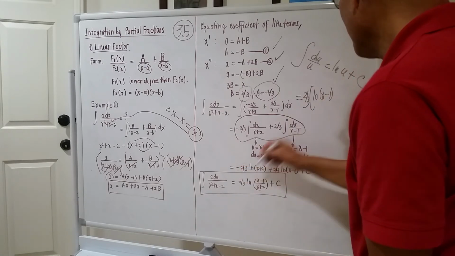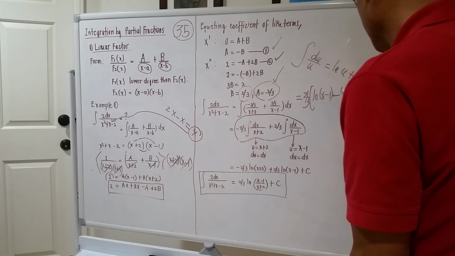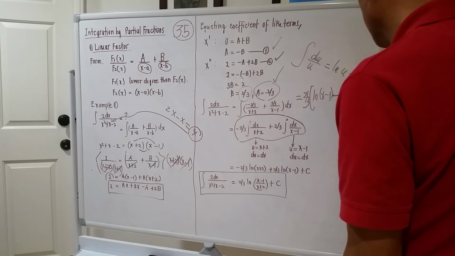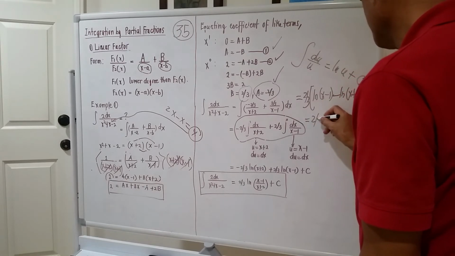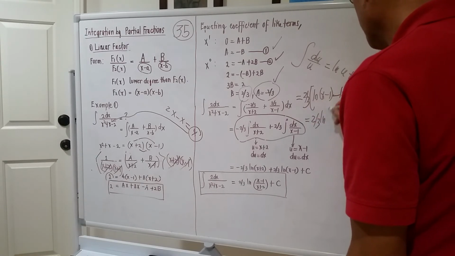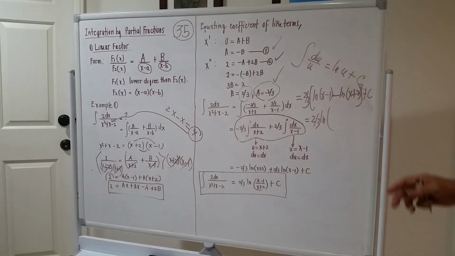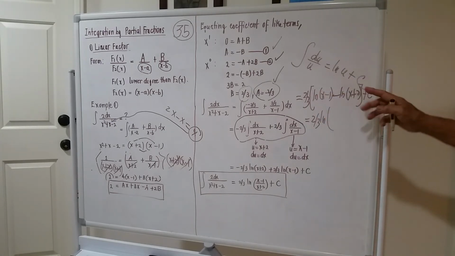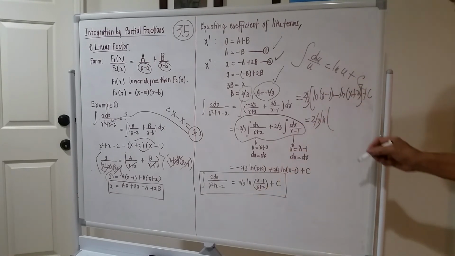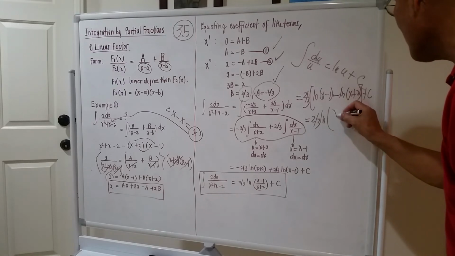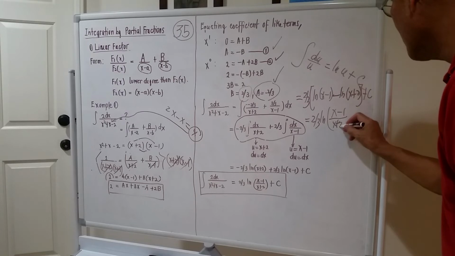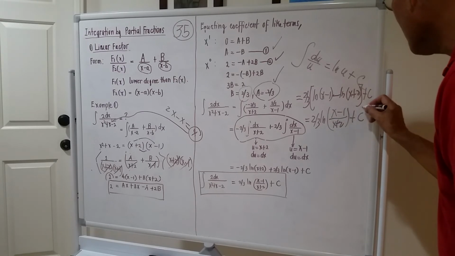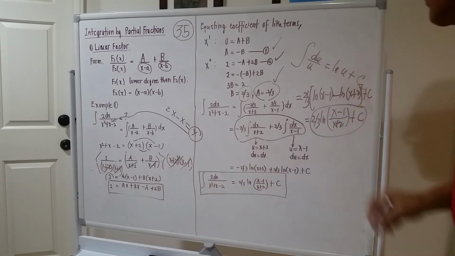This is negative, right? Minus the natural logarithm of x plus 2, plus c. Under the laws of logarithm, the logarithm of the difference is the logarithm of a quotient. It should be 2/3 the natural logarithm of x minus 1 over x plus 2 plus c.